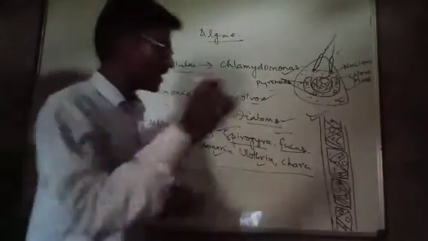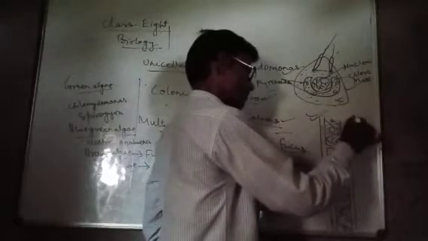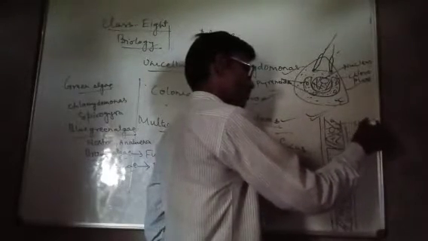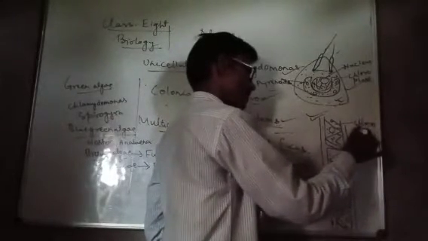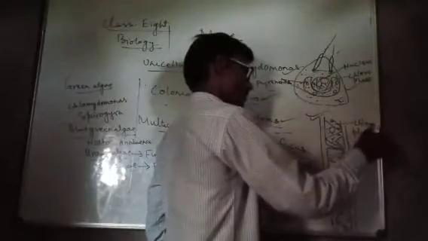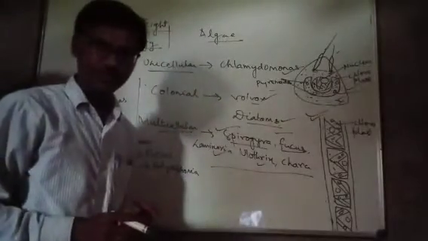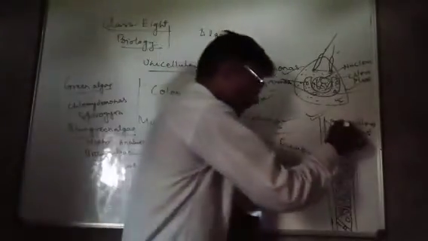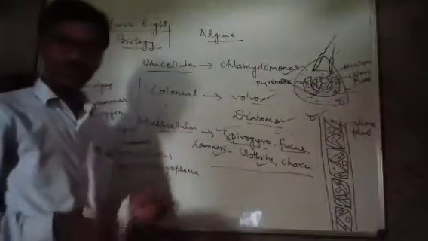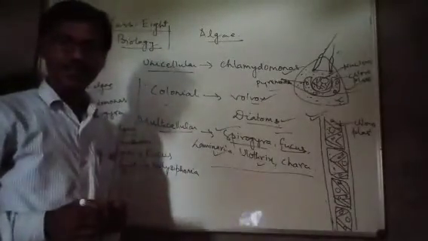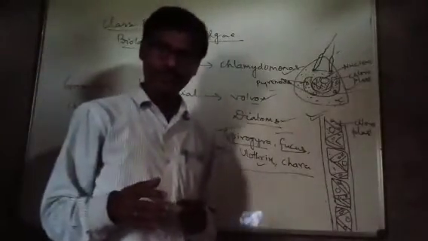It has a spiral chloroplast. In Chlamydomonas, we find a cup-shaped chloroplast enclosing the nucleus, and Spirogyra, which is a filamentous algae, has a spiral chloroplast.